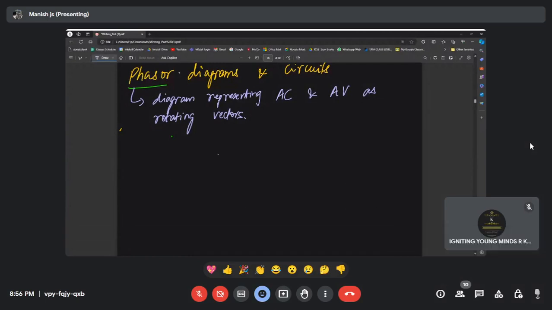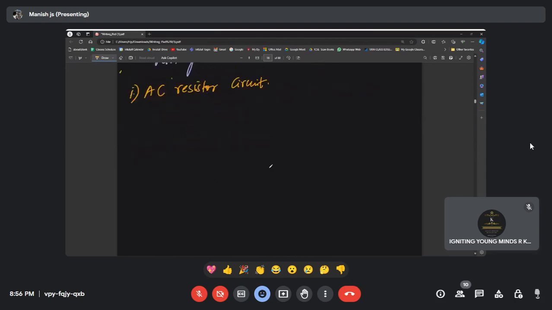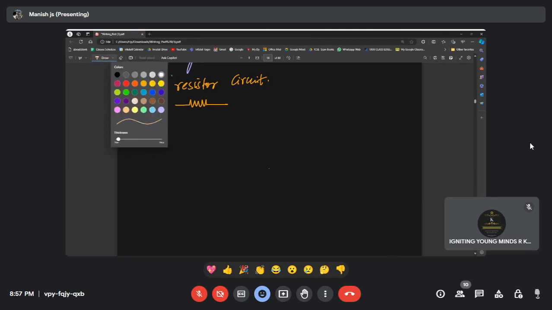So in this phasor diagram topic, the first circuit that we are going to discuss is the AC resistor circuit. Whenever you have an AC resistor circuit, you all know this is the symbol for a resistor, and it is connected to an AC source.